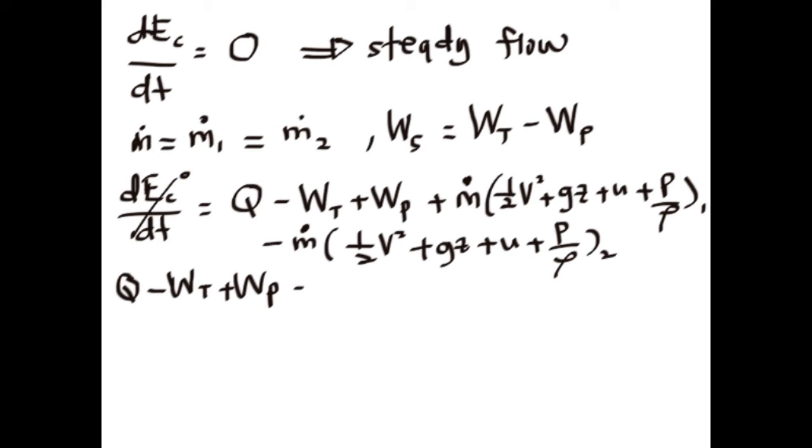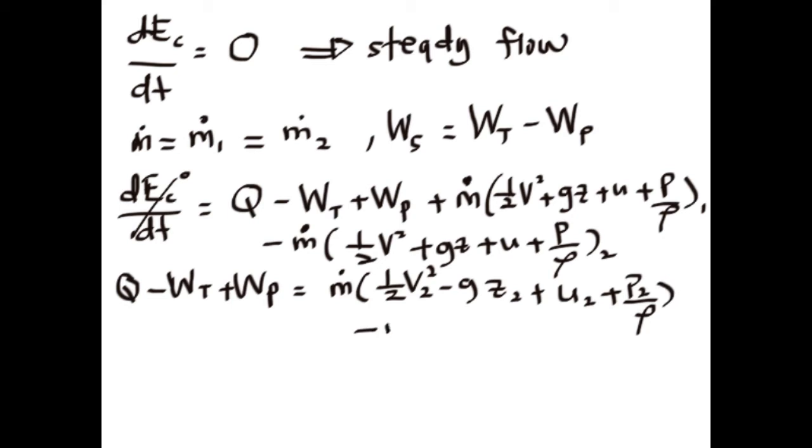So rearranged, I got this m dot, V2 squared, the outlet minus the inlet because I put it on the other side. So the outlet will minus the inlet. U2 plus P2 divided by rho minus m dot V2 squared.